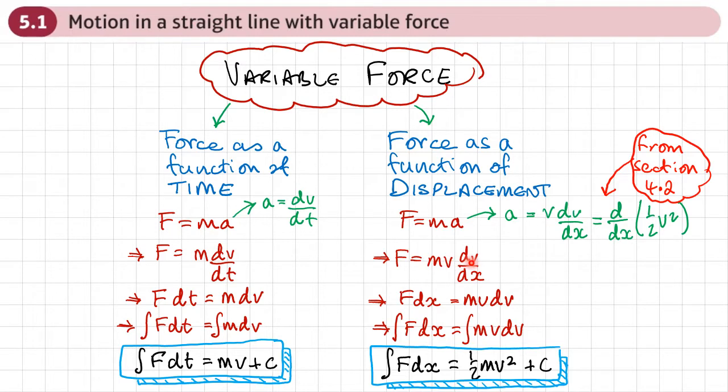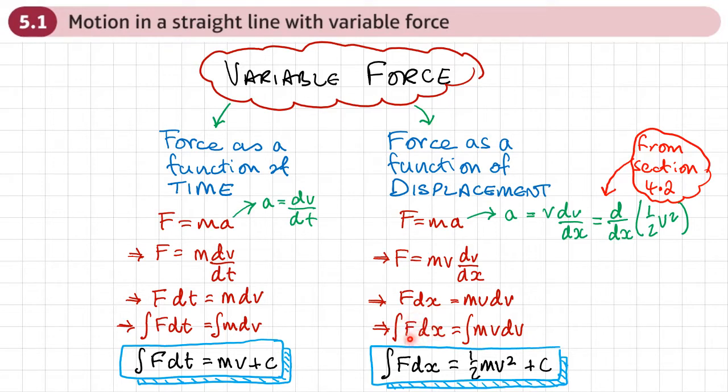So we've now got F equals m v dv/dx. There's a substitution there. Then we separate out the variables, multiplying both sides by dx, so we get F dx and then mv dv. We're going to integrate both sides. Now force is going to be a function of displacement, so we can integrate it with respect to x, which is what we want.